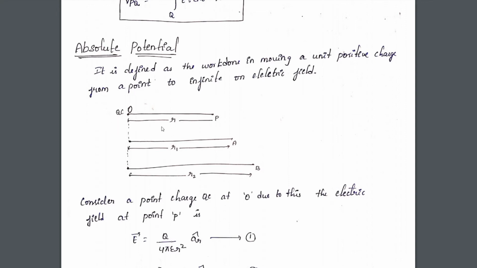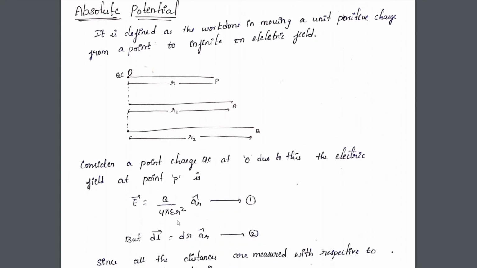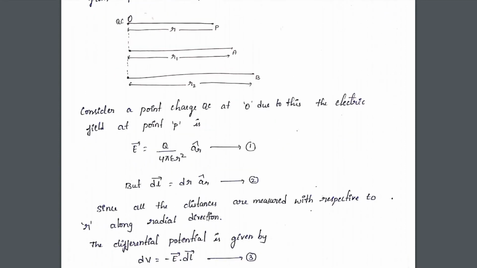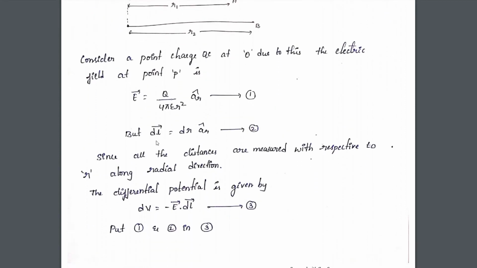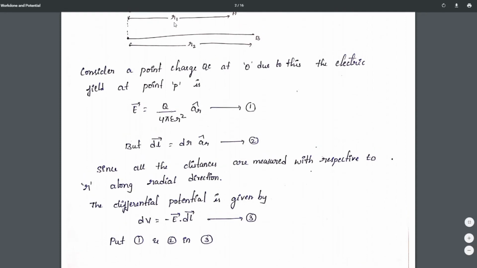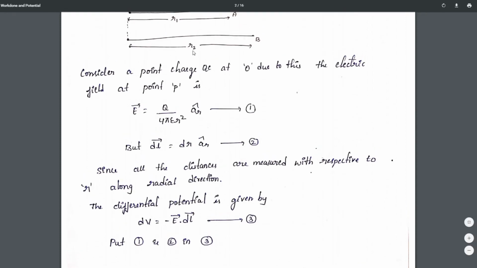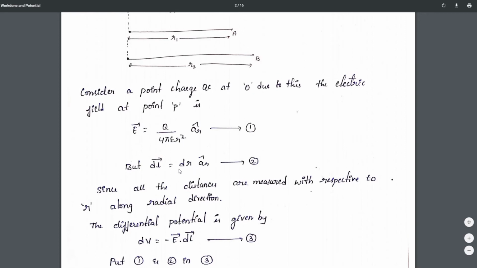At a distance r at point P, you calculate the electric field intensity. So that is E is equal to Q by 4 pi epsilon r square into AR. That is the first equation. Then you need to define differential length dl. Since all the distances are measured in radial direction, dl will be equal to dr into AR.